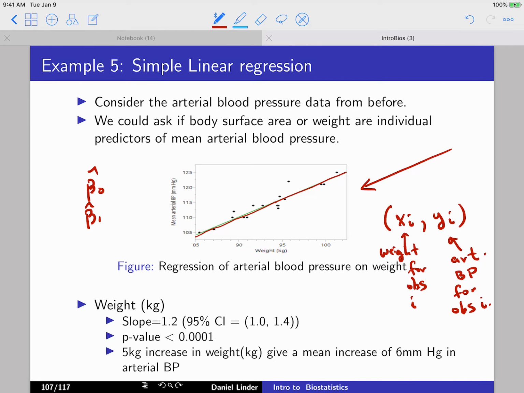Alright, and if we carry out this analysis with a regression, then these are the results that we get for this set of data. We wound up with an estimated slope of 1.2, so our beta 1 hat was equal to 1.2, and a corresponding 95% confidence interval from 1.0 to 1.4.